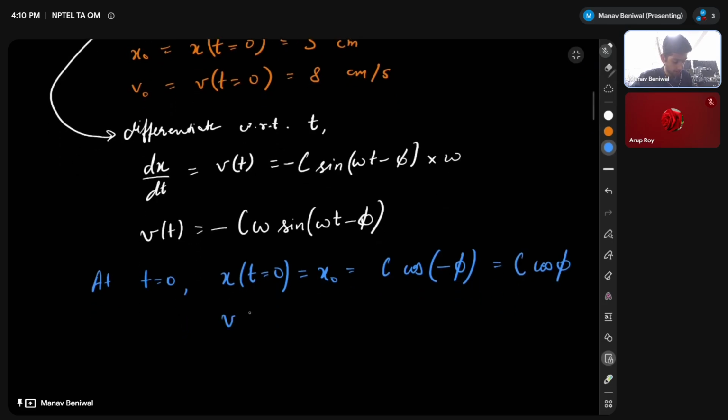And our velocity at t equals 0 is nothing but v naught. This becomes minus c omega sine of minus phi, which becomes c omega sine phi.